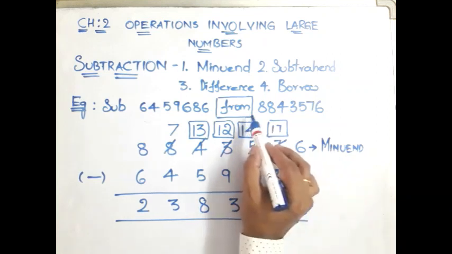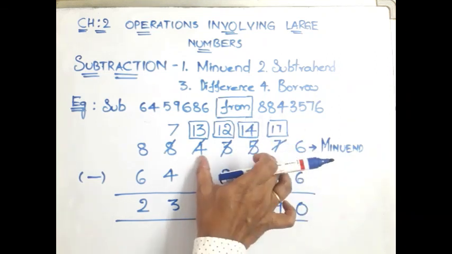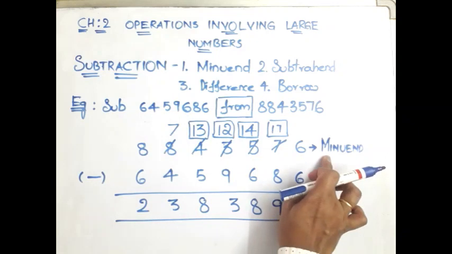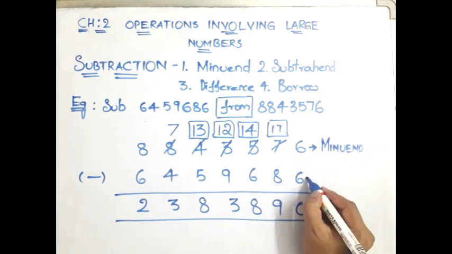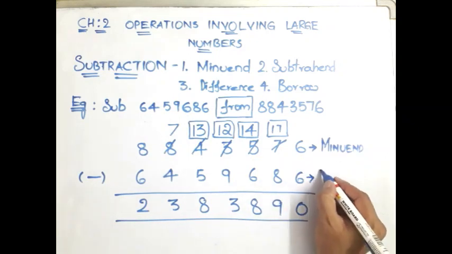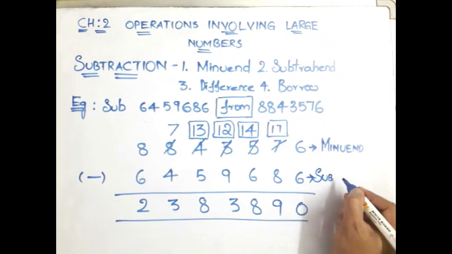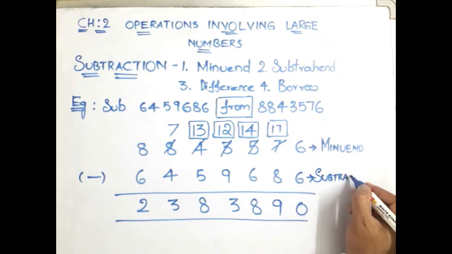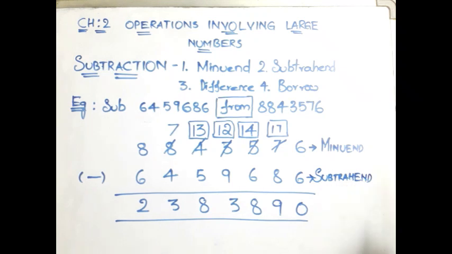From what number we are going to subtract the second number is called minuend, and the number to be subtracted we call subtrahend. So as I am saying, don't copy anything. I will send you a document. Now look, what is the result?